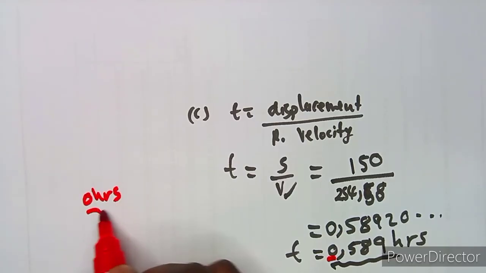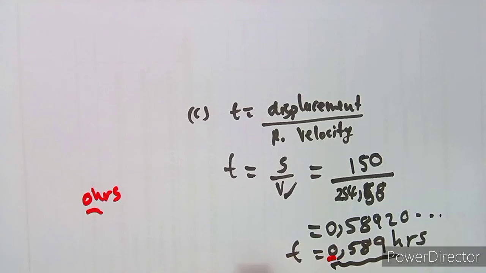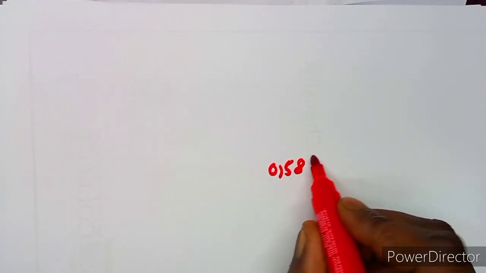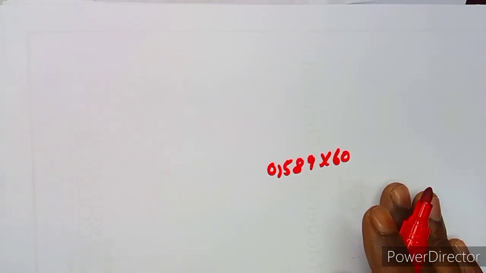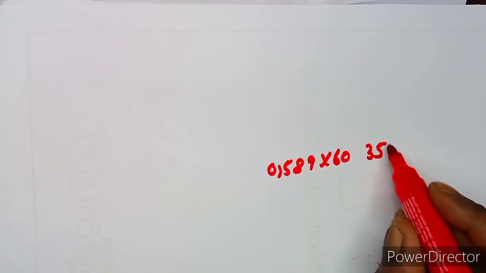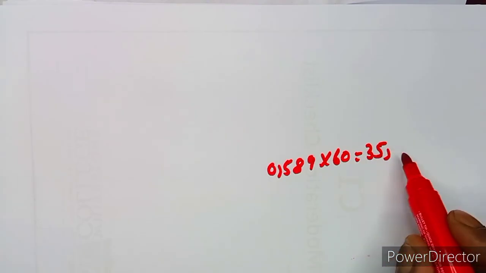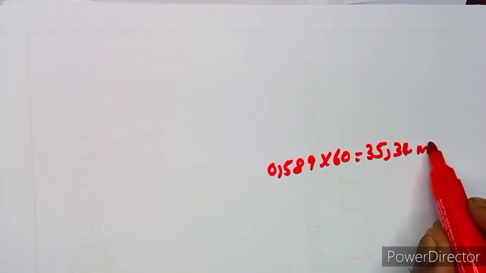So how many minutes are we going to have? We take the remaining decimal, 0.589, and multiply it by 60 like this. If you multiply this by 60, you're going to obtain 35.34. So this will be in minutes.